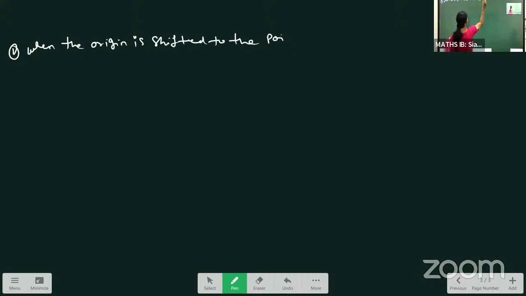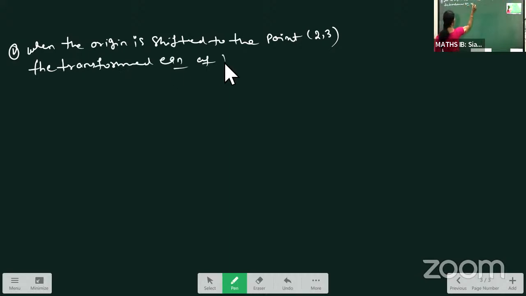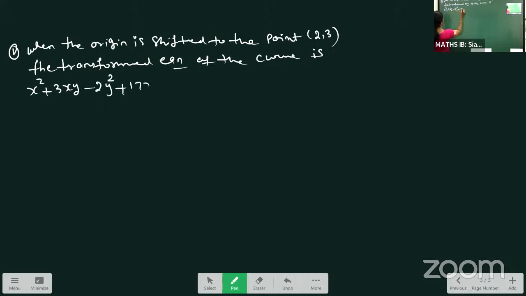When the origin is shifted to the point 2, 3, the transformed equation of the curve is x square plus 3xy minus 2y square plus 17x minus 7y minus 11 is equal to 0. Find the original equation.